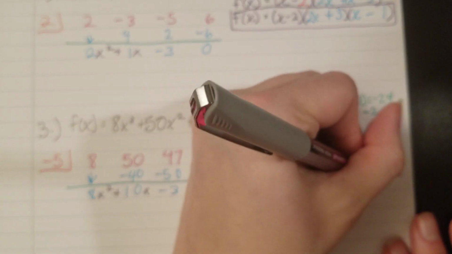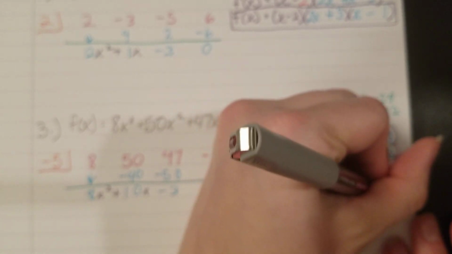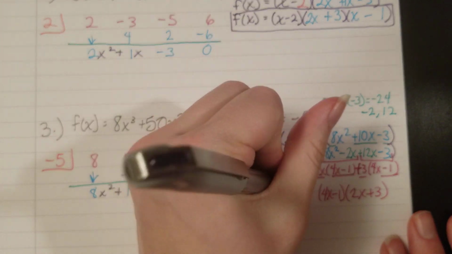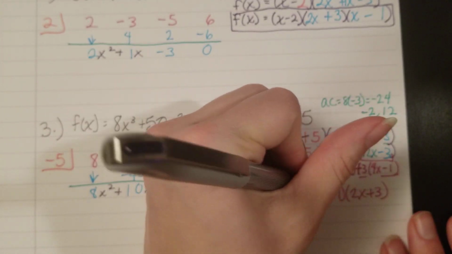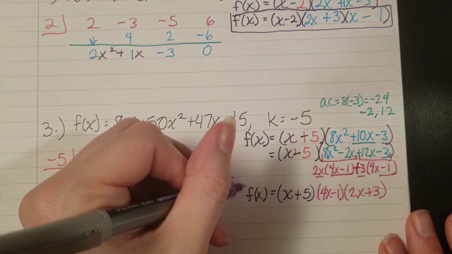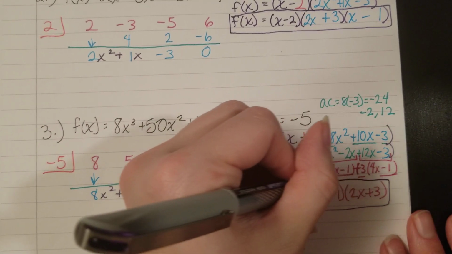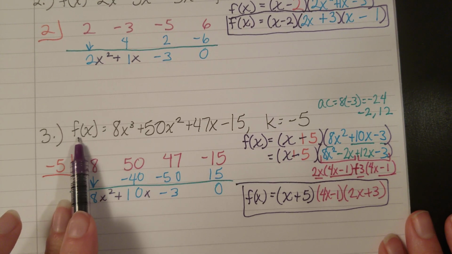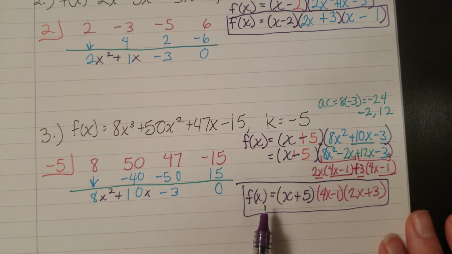And then I've got 2x plus 3, like so. And again, I'll bring down x plus 5. So that is the factored form of the polynomial function. Here's the expanded form of the function, and here is the factored form of the function.